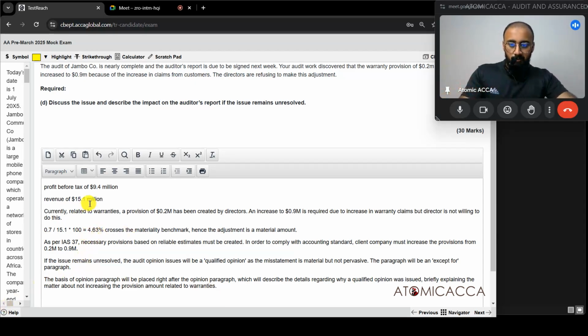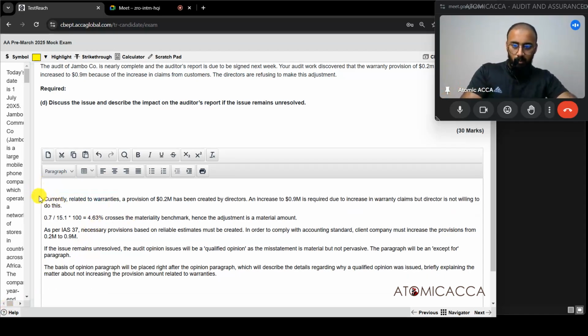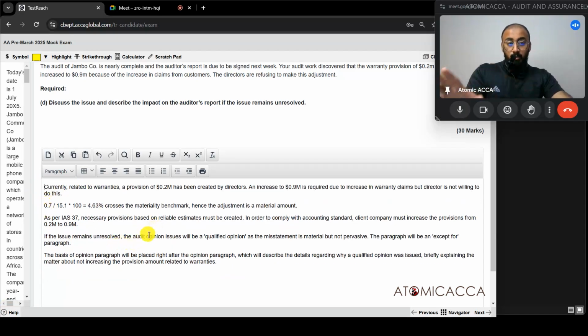So that will be our answer for 5 marks. This one we can remove, we don't need it anymore. So that will be our answer for this particular 5-mark question, and we're done with that.